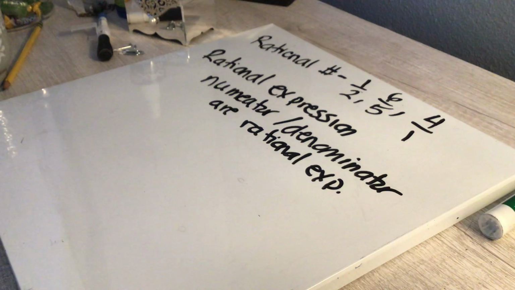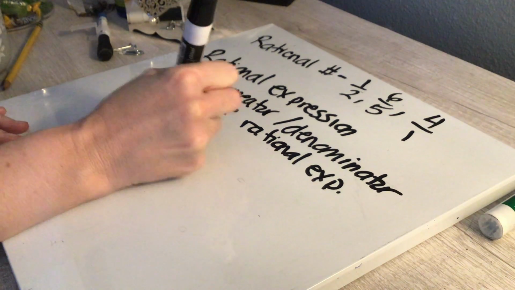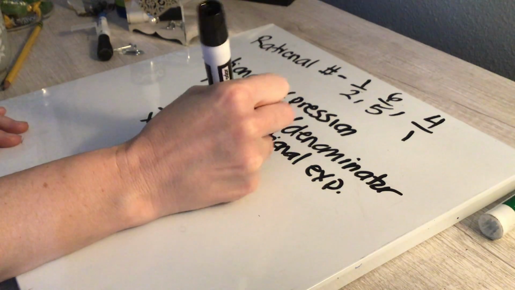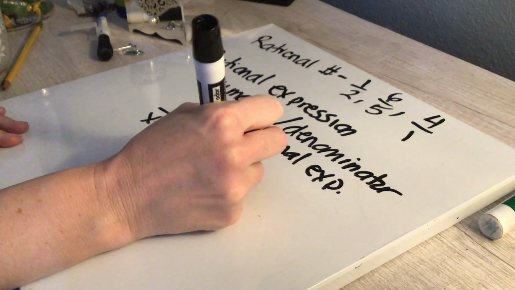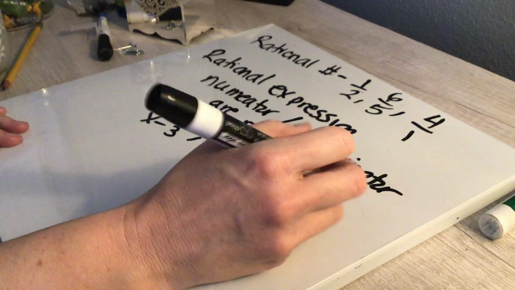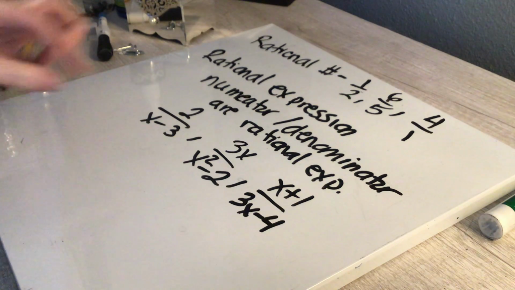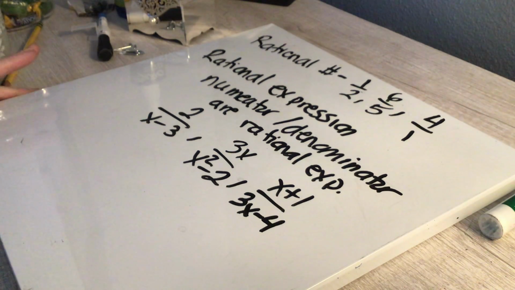So for example, 2/x minus 3, or 3x over x squared minus 2, or x plus 1 over 3x minus 4. Okay, these are all rational expressions. They have a numerator and a denominator. So you have variables now.